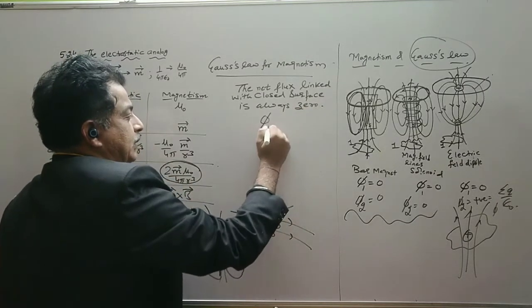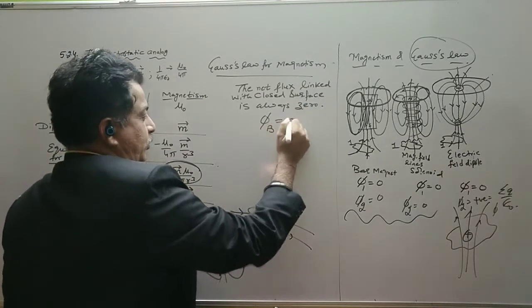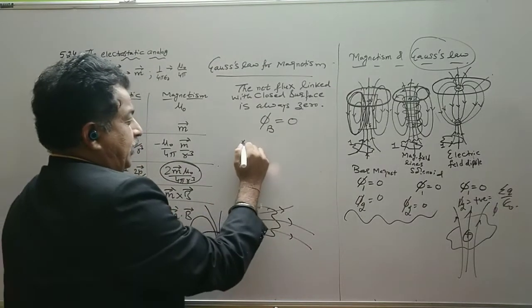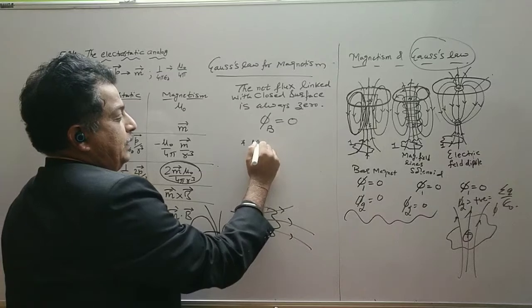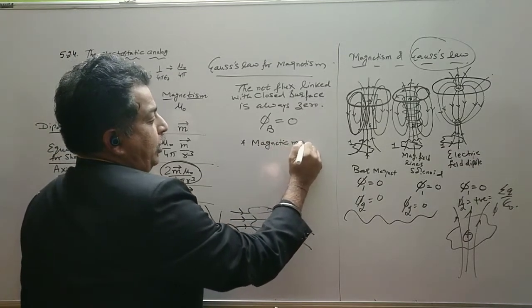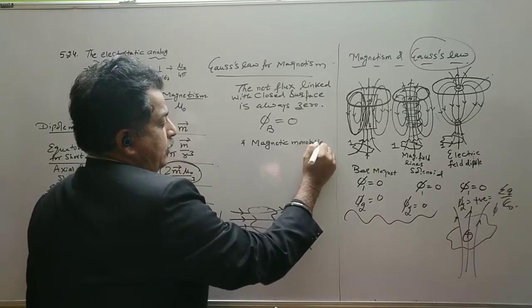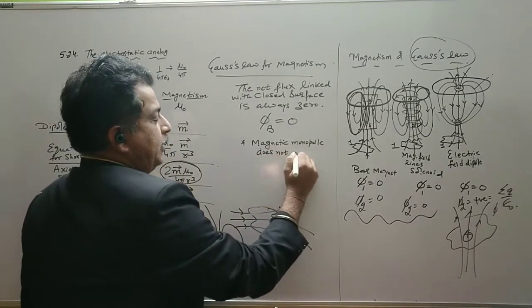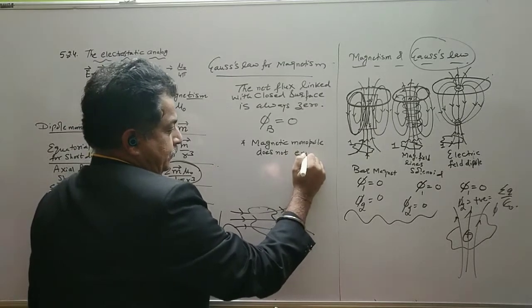That is, the magnetic flux is zero. Now, what are the key points you have to remember? Why is it zero? Magnetic monopole does not exist.